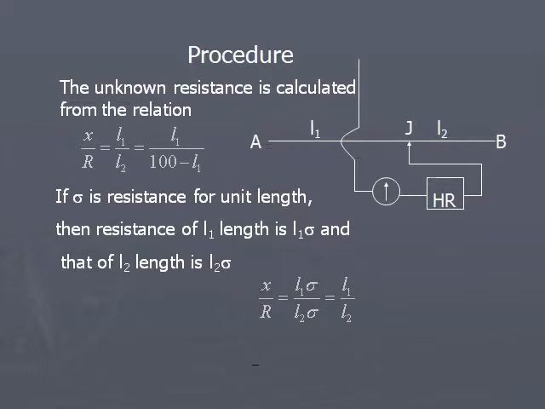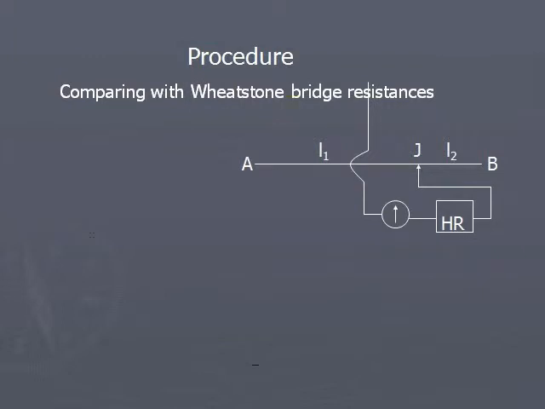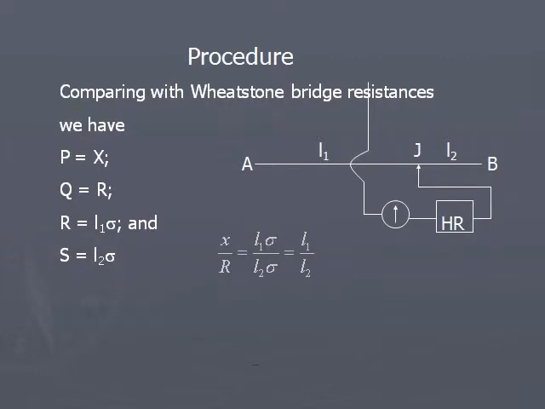Comparing the meter bridge with Wheatstone's bridge, P will be in the place of X, Q will be in the place of R. P represents X, R in the resistance box represents Q, L1 sigma represents R in the Wheatstone's bridge, and L2 sigma represents S. Substituting these values, we get X by R is equal to L1 sigma by L2 sigma, and sigma gets cancelled.